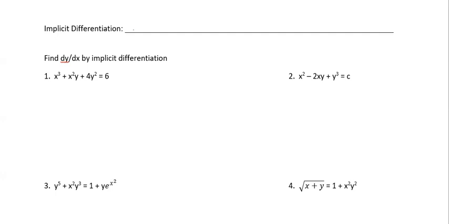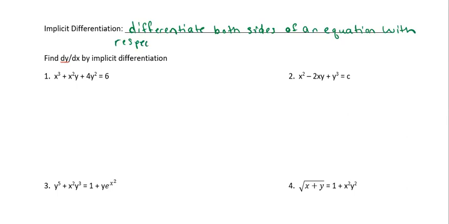So implicit differentiation means we differentiate both sides of an equation with respect to whatever your variable is, which in many cases is x.